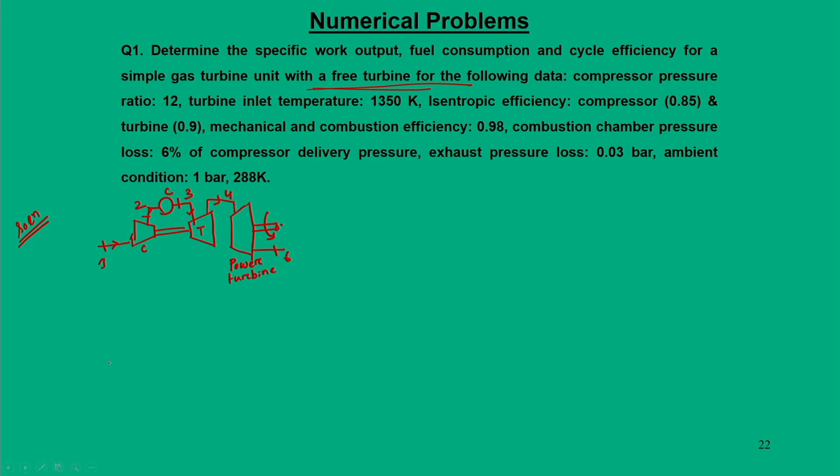The ambient condition is 1 bar and 288 Kelvin, so we can write P1 as 1 bar and T1 as 288 Kelvin.